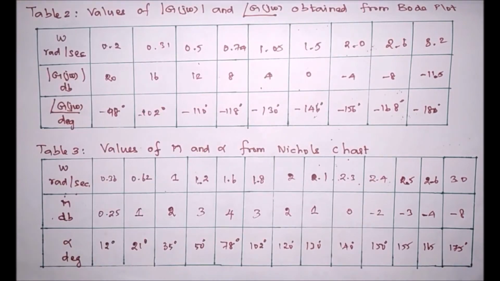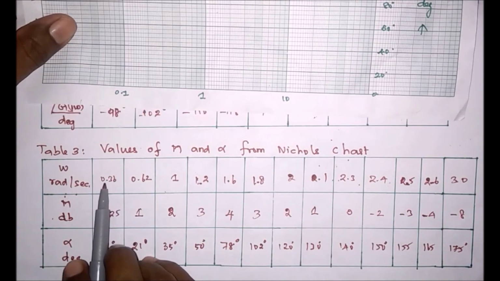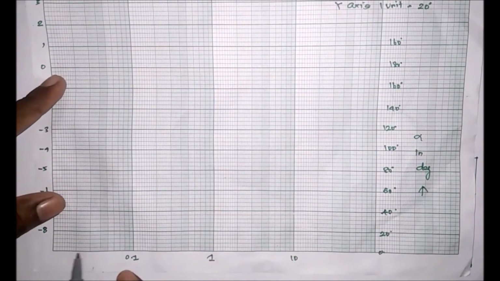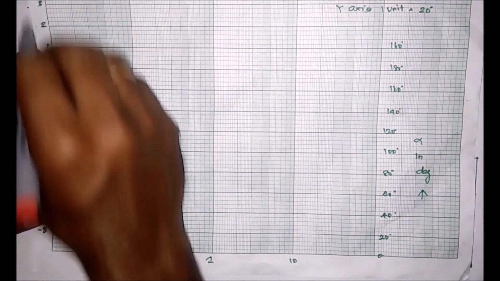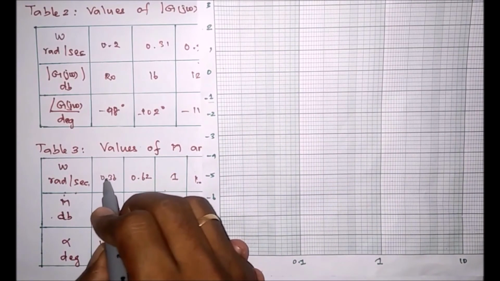After completing this tabulation, once again for various values of omega, we have to mark the magnitude and angle in the Bode plot. For various values of omega we have to mark the magnitude and phase angle. Actually we see, I am going here to 0.36.